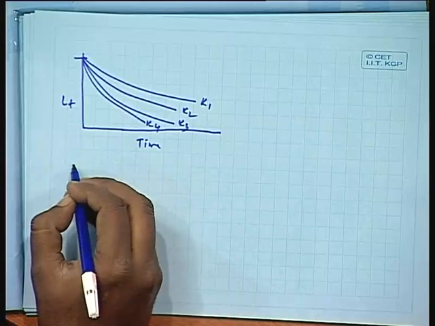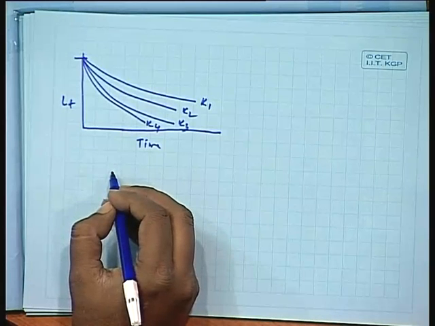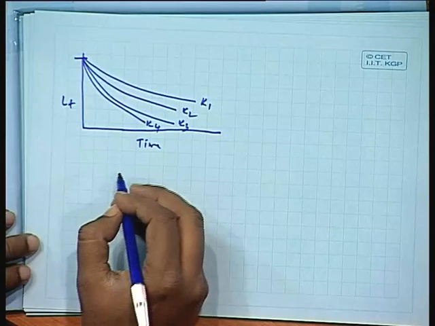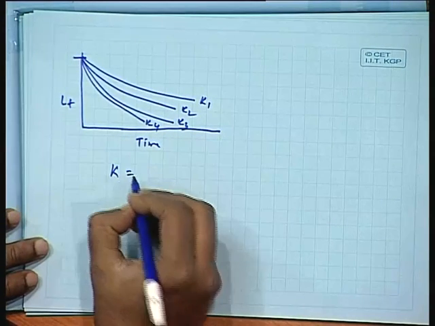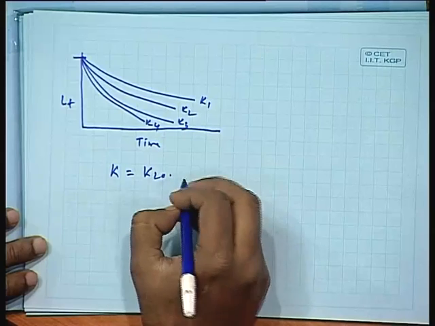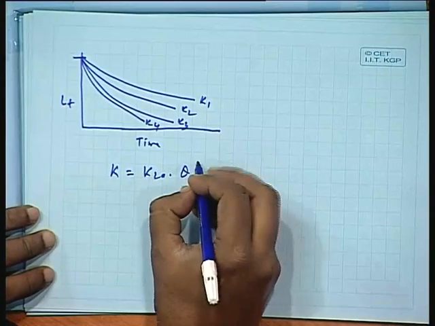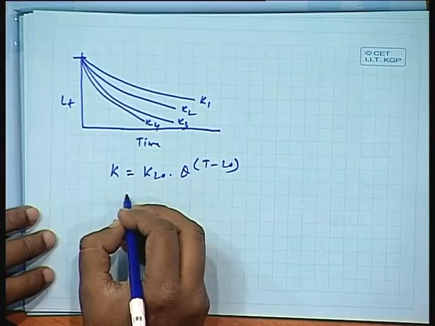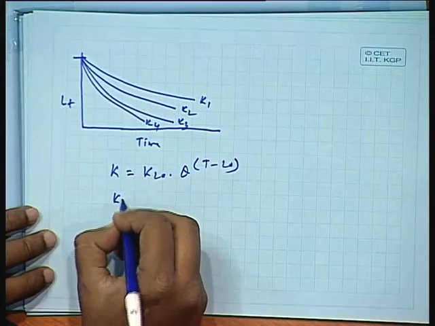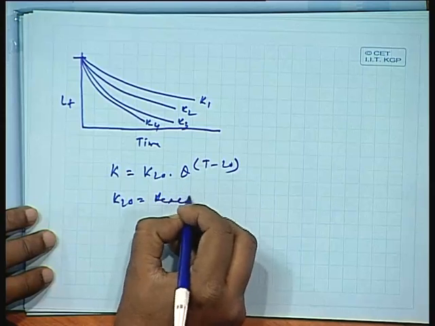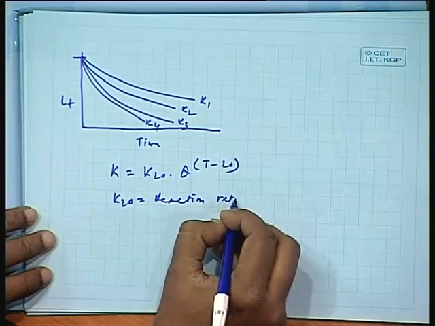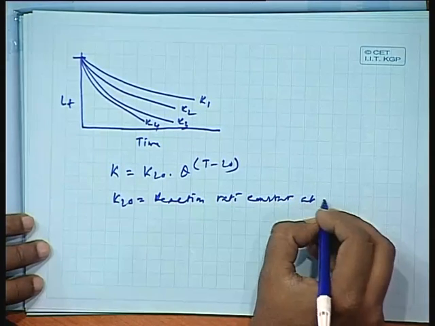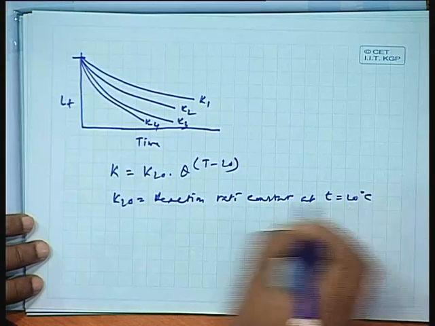If you try to observe it experimentally, it has been observed that k can be written as K20 into theta to the power t minus 20, where K20 is the reaction rate constant at T equal to 20 degree centigrade.